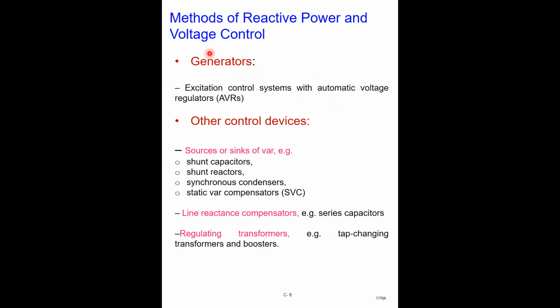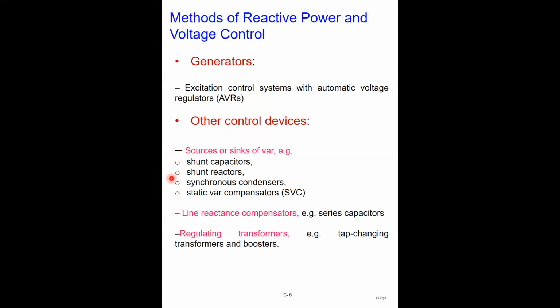Then apart from the generators, which will be regulating the voltage only at the generator buses, for other remaining buses we can have the voltage control through some other devices, and those are basically the compensating devices.